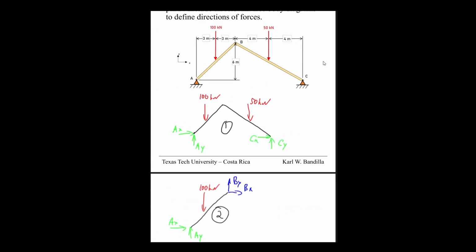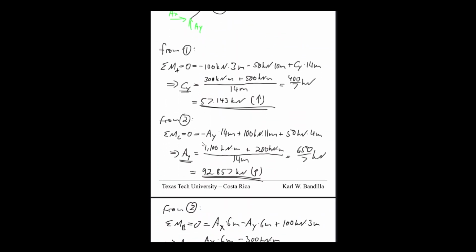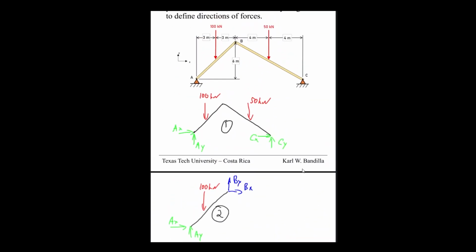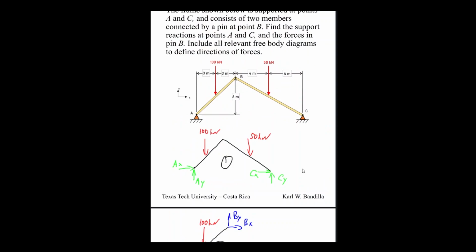But let's do a quick check, right? We said we didn't use sum of forces in the Y direction here. So we could say 150 has to be balanced by Ay and Cy. If I just do these with the full numbers, I can get to 150. I can write it would be 1050 divided by 7 is just 150. All right, so we get some pretty good news there.